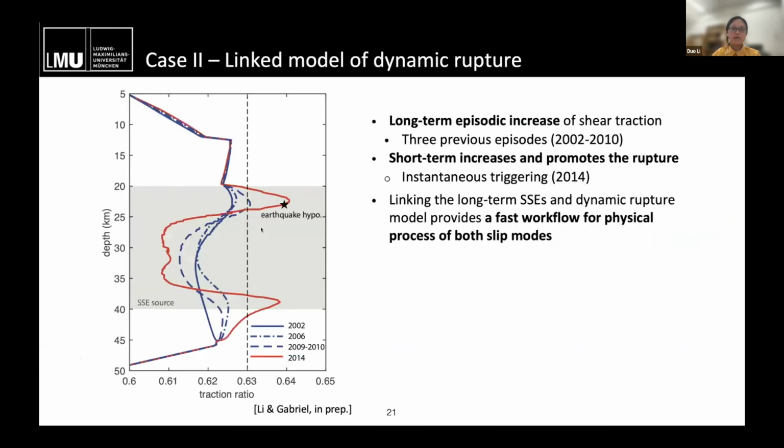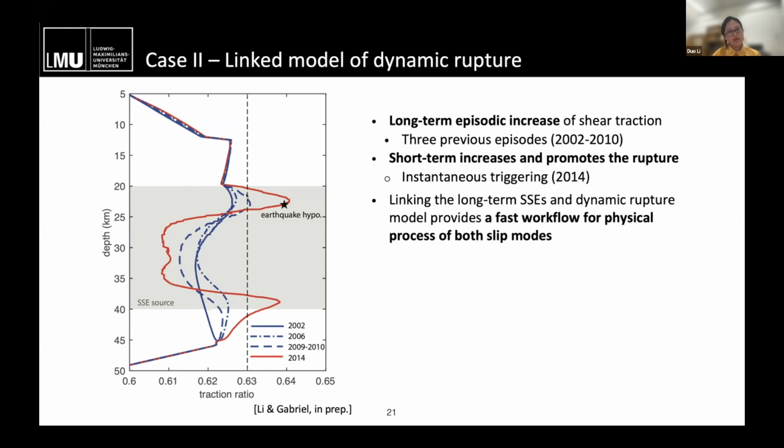But the interesting thing about our model is that, except for this 2014 slow slip, there are three previous episodes of slow slip from 2002 to 2010, and we calculated the shear traction variation on the fault for these three previous episodes, which are shown in the black curves. So you will see the stress concentration gradually increase at the depth of the hypocenter, but the final one, the 2014 one, is really the event that pushes it high enough.